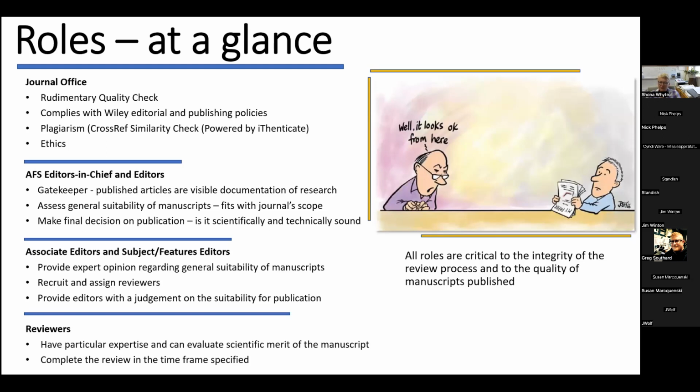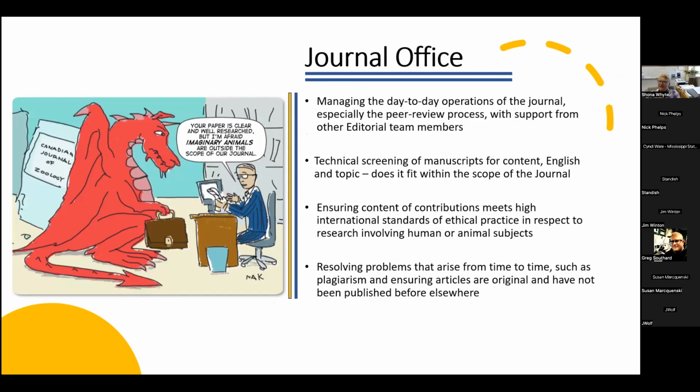And the reviewers, even though they're at the bottom of this particular slide, are extremely important in the process. They have the expertise, they evaluate the scientific merit of the manuscript, and they complete the reviews hopefully in a timely manner. The journal office, as I say, manages the day-to-day operations of the journal. They technically screen the manuscripts for English content. We receive a number of manuscripts from outside of English-speaking nations, and it's a big challenge for the process to manage that.